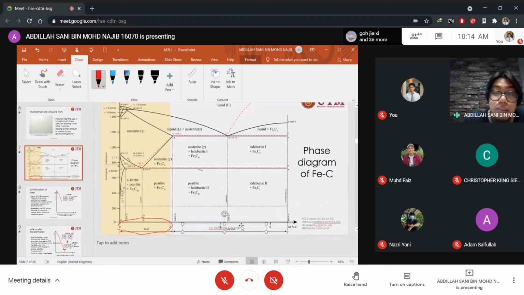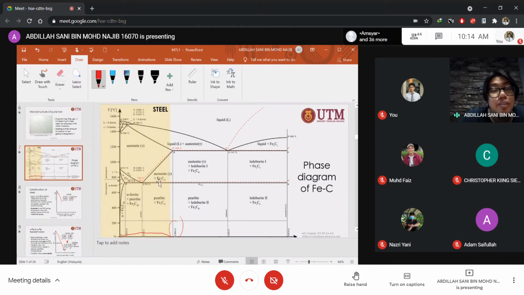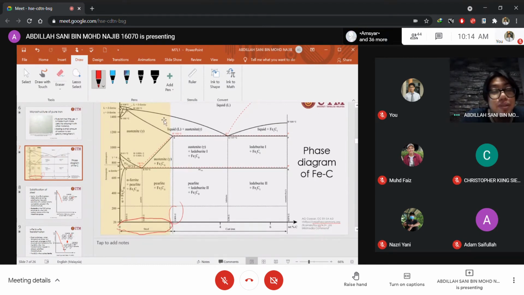If more than that, it becomes cast iron. If more than 2%, or more precisely 2.06%, it becomes cast iron. So we are going to have a look at this yellow area, which is the steel.